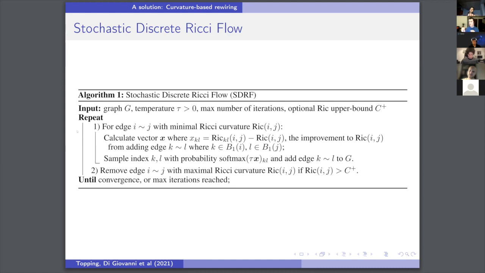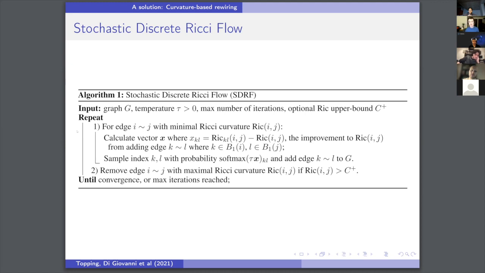Once you've calculated the potential improvements from all of these candidate edges, you sample an edge to add with a softmax probability of this improvements vector times tau. And this is where tau affects the stochasticity. If tau is infinity, you're always going to pick the edge that gave you the strictly best curvature improvement. As you lower tau, it gets more random. And then once you've sampled this edge, you add it to the graph.